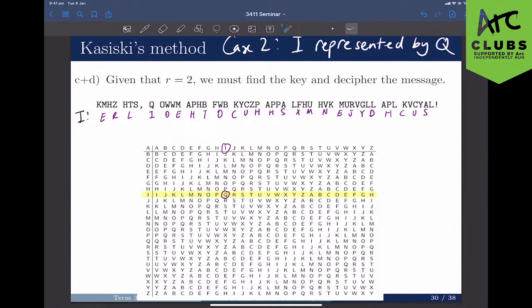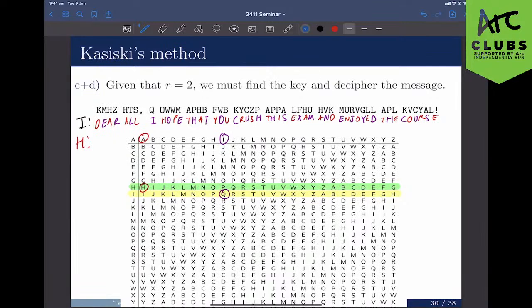So if we're guessing that A belongs here between X and M, we look at the Caesar shift where A is represented by H, and then for that shift, we're going to be able to find the decryptions of all the other letters, and if it makes sense, then we can feel good about the message and the way we've deciphered it.